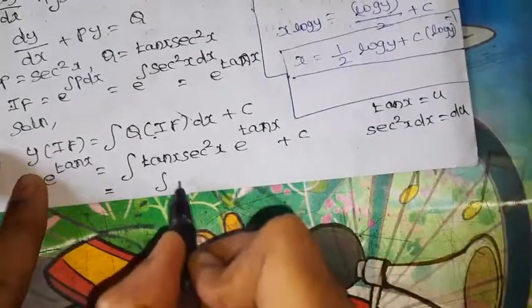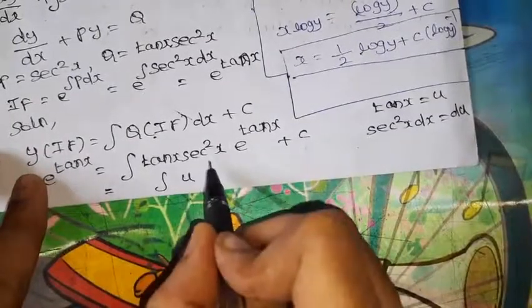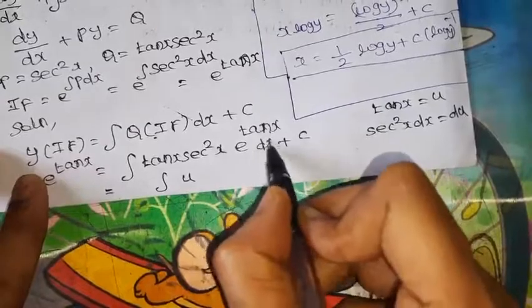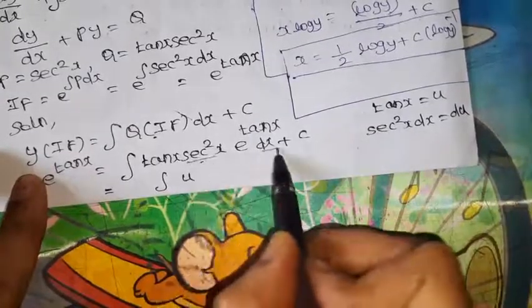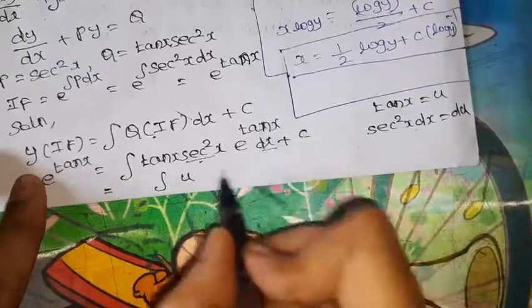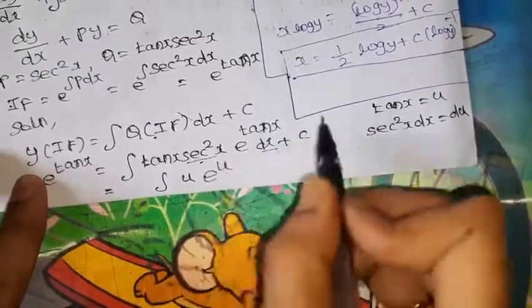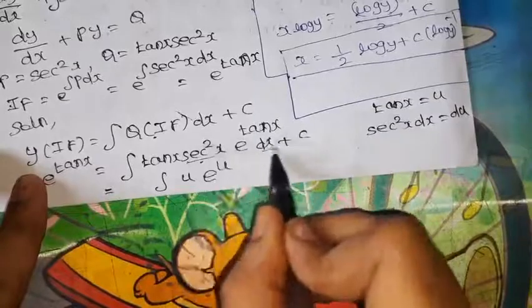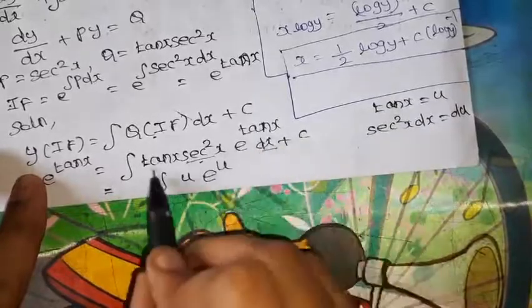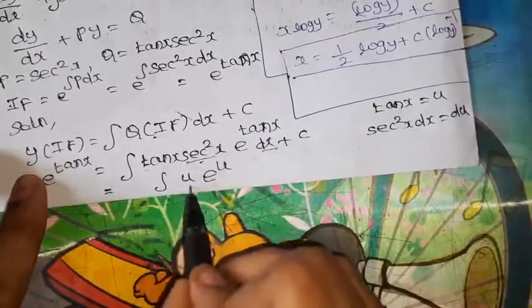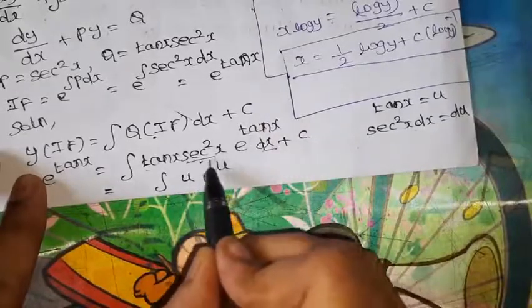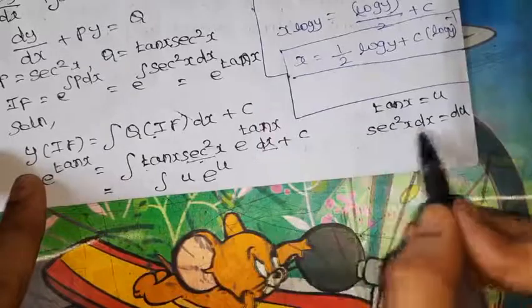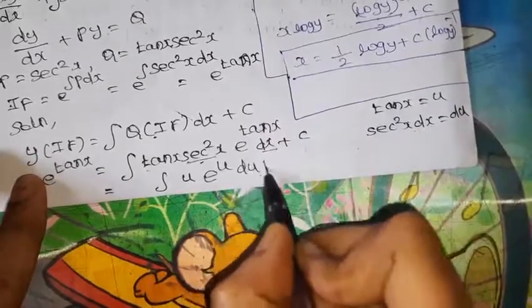Tan x is nothing but u, and e power tan x is e power u. What is remaining is secant squared x dx, which is nothing but du, plus c.